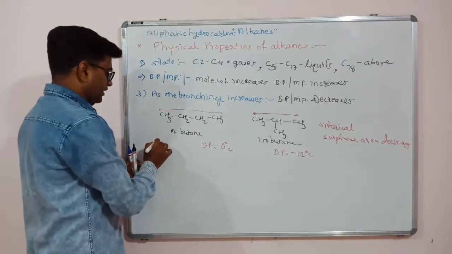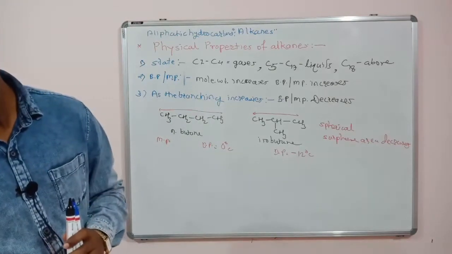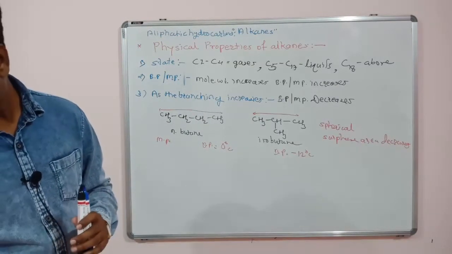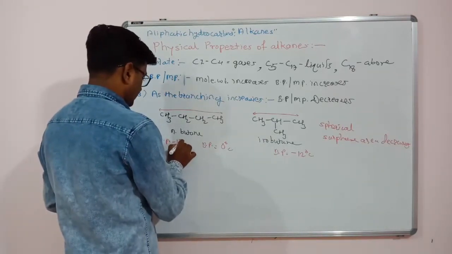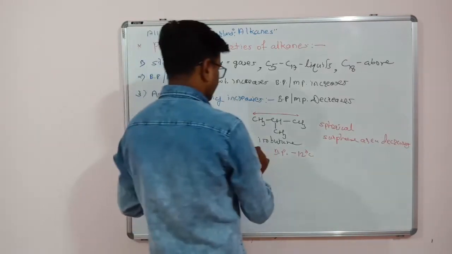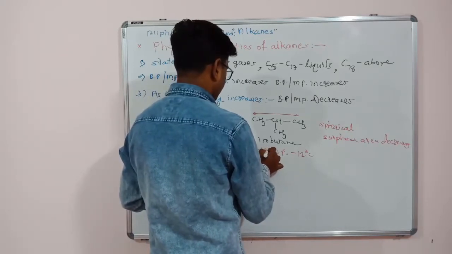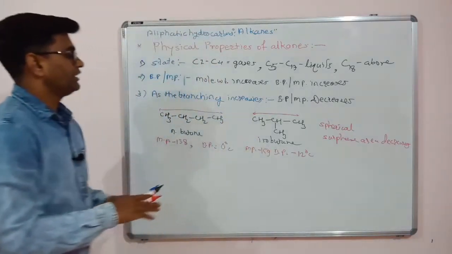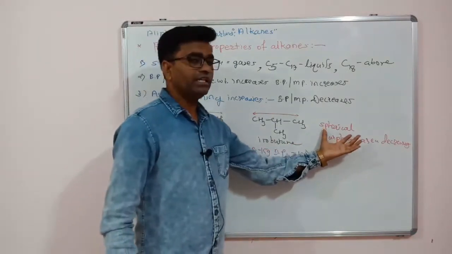Same for melting point. Minus 138 and here minus 159. So here, as the branching increases, it will get spherical character.